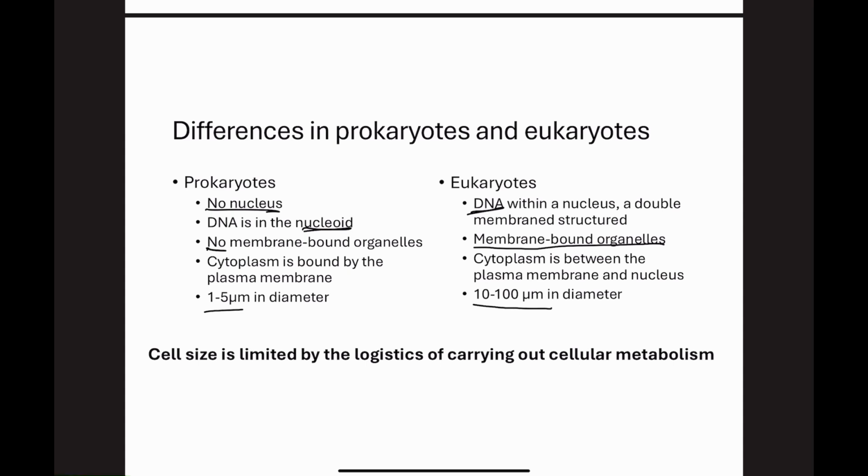So because we have larger eukaryotic cells, those cells had to evolve, they had to adapt in order to maintain efficiency. The size of a cell is limited by its ability to carry out cellular metabolism efficiently. So as our eukaryotic cells grew in complexity, those membrane-bound organelles developed to help distribute tasks and allowed the cell to function properly despite its larger size.